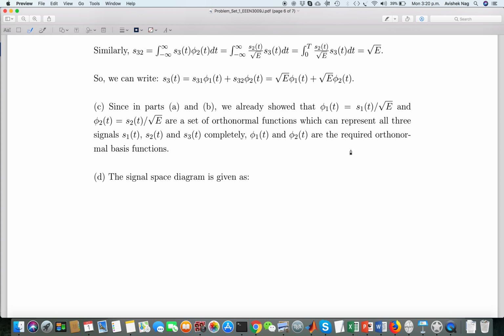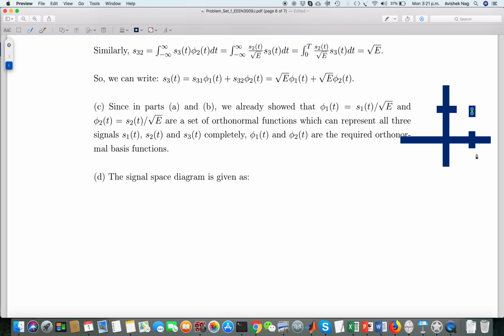So basically, if you have a coordinate system defined by phi 1 and phi 2, S1 is only defined by the phi 1 axis, so S1 will be somewhere here, and S2 is only defined by the phi 2 axis, so S2 will be somewhere here, and S3 is defined by both phi 1 and phi 2 given by this expression, so it will be somewhere here.